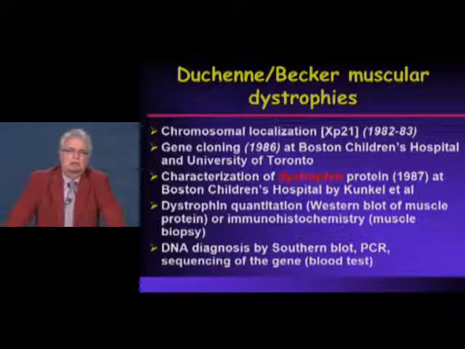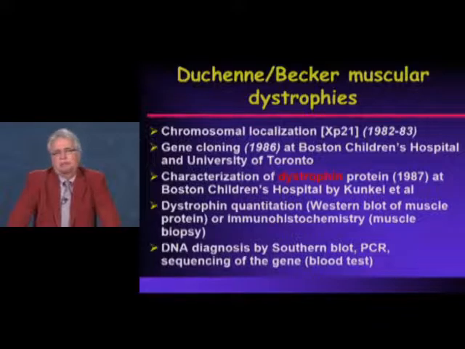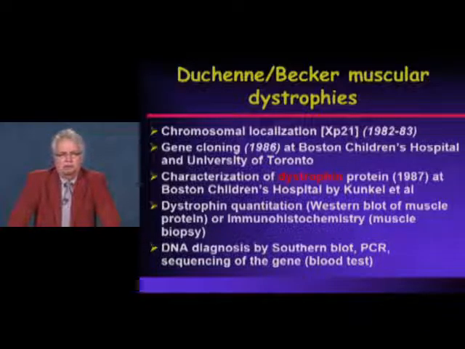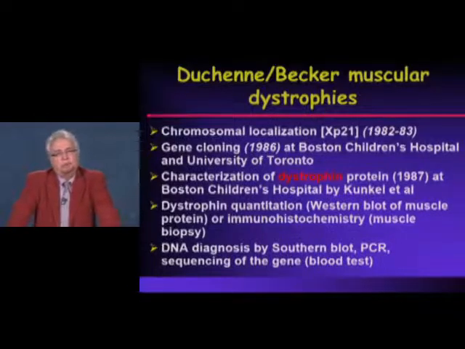And the gene which is mutated in these muscular dystrophies was cloned in 1986 at Boston Children's Hospital and also University of Toronto. And a year later, the protein product dystrophin was characterized, again at Boston Children's Hospital, by Louis Kunkel's laboratory.